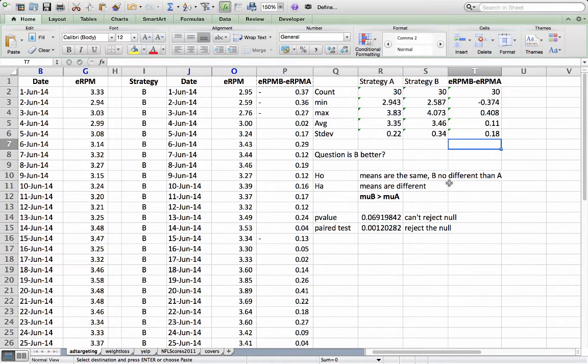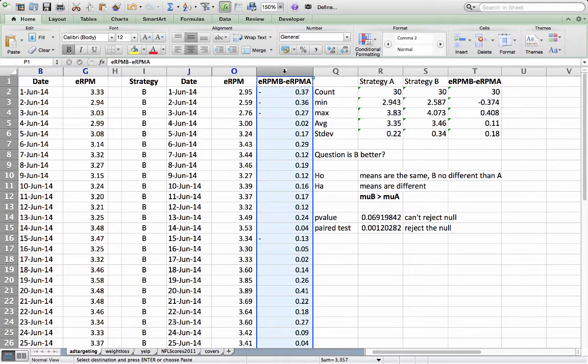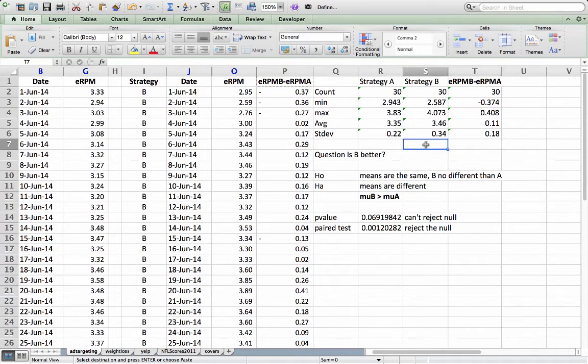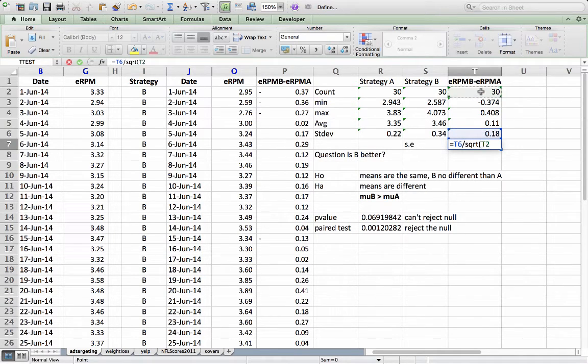And so what we could do now is a single sample t-test, but instead of focusing on strategy A versus strategy B, we just focus on the difference in their daily performance. So we could do a single sample t-test on this guy. And so now our standard error is going to be equal to our standard deviation divided by the square root of our sample size.